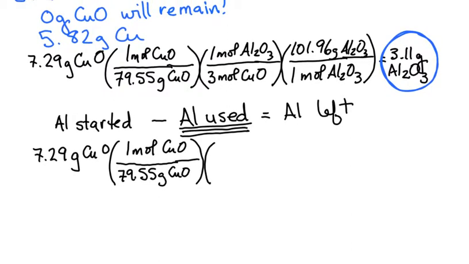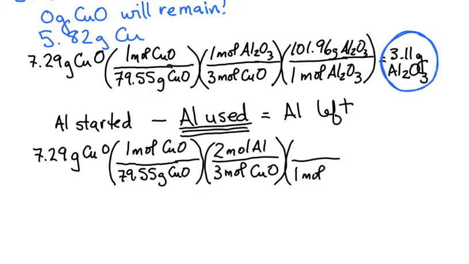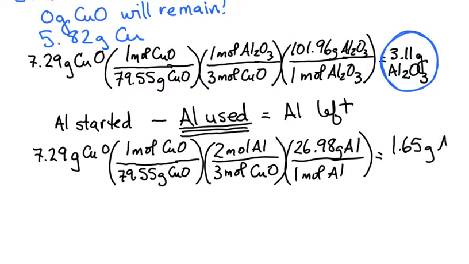So we're going to use that balanced chemical equation as a conversion factor to say that every 3 moles copper 2 oxide requires 2 moles of aluminum in order for it to react fully. 1 mole of aluminum has a molecular weight, or an atomic weight, 26.98 grams. So this tells us that 1.65 grams of aluminum is required for complete reaction.